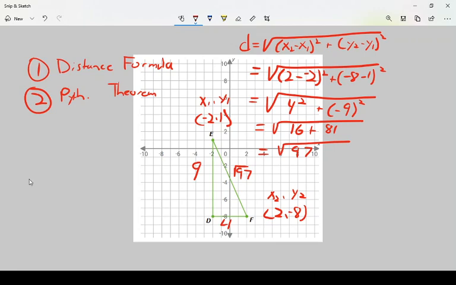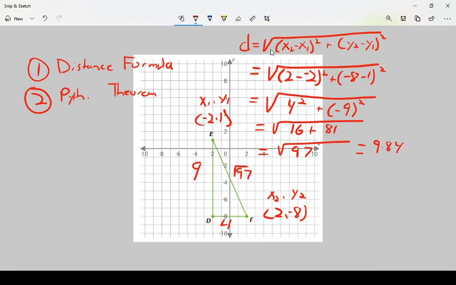Now, since we're dealing with IXL, you could just open up your internet browser and type in SQRT. I'm doing it right now on my other screen. SQRT, and then parentheses, I'll type in 97. SQRT is square root. Type that in, and it says that simplifies down to 9.84.